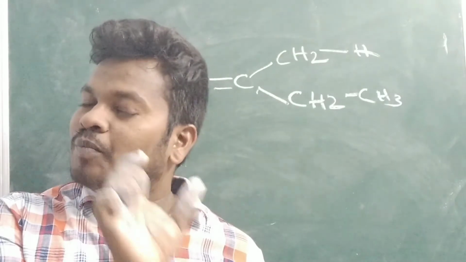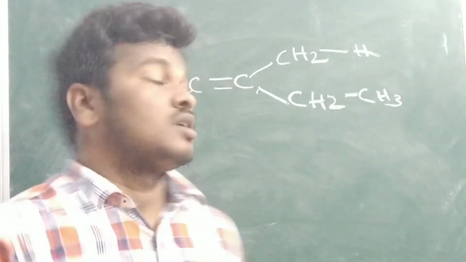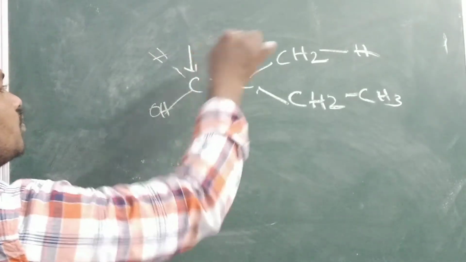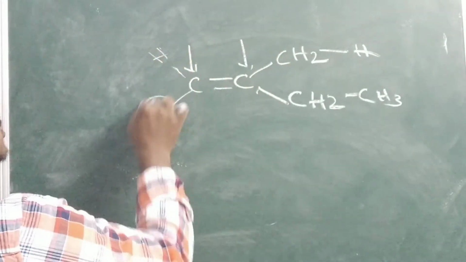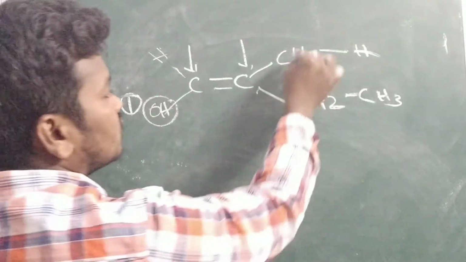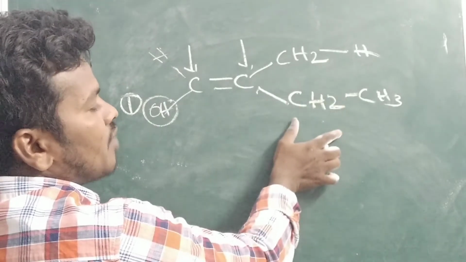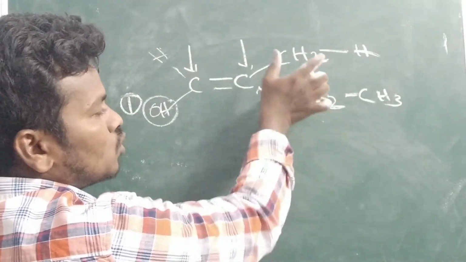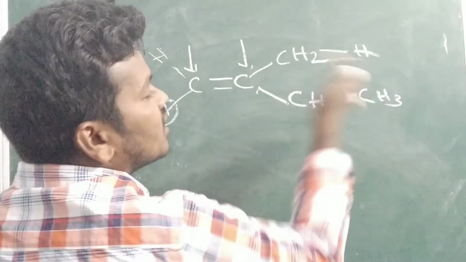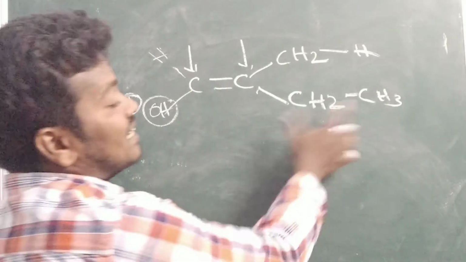The group containing the high atomic number should be presented on the same side. How to check? Hydrogen and oxygen. Of course, oxygen is priority 1. Here CH2 is the same group. Whenever you have confusion because the same type of groups are presented, go to the next atom. If the atomic number of the first atom is same, then go for the next atom.